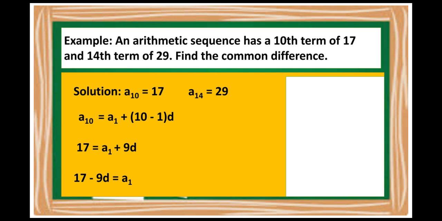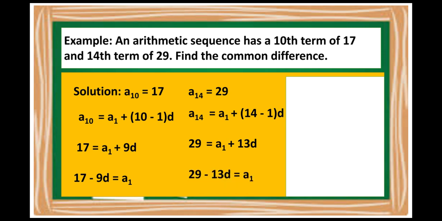Now let's manipulate a sub 14 with the same process. Since we are dealing with a sub 14, the n is 14. Continuing, we have a sub 14 is 29. Substituting that in, it is equal to a sub 1 plus 13d, since we don't know yet the common difference d and a sub 1.